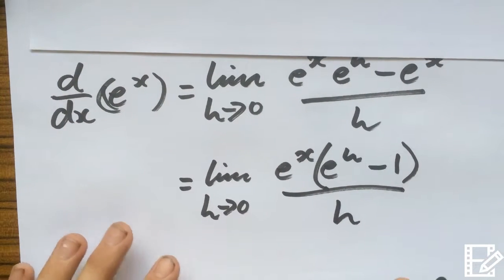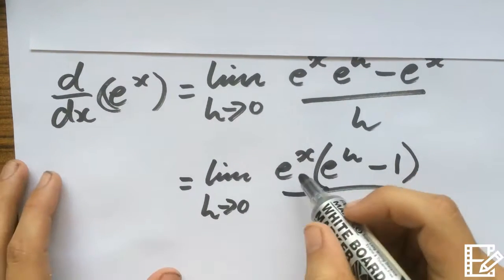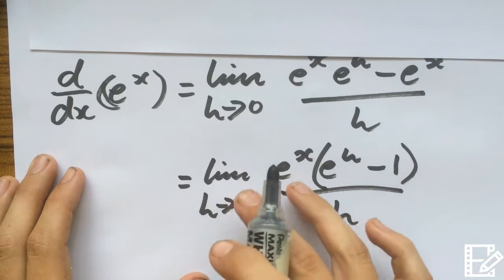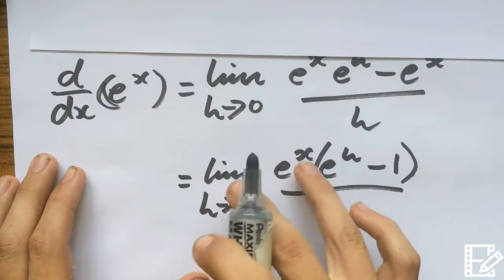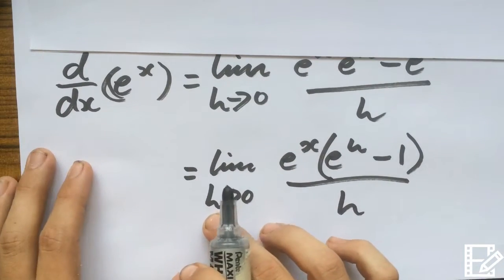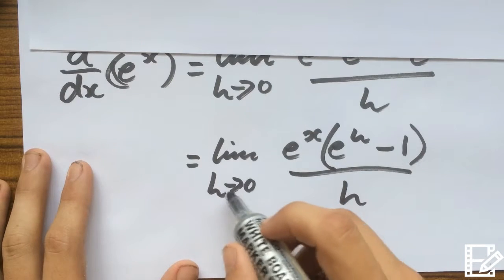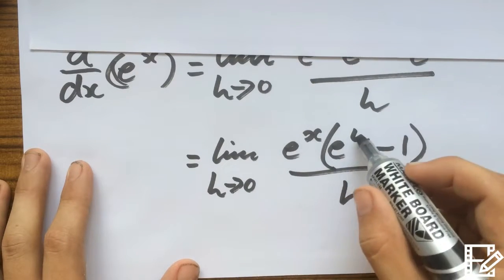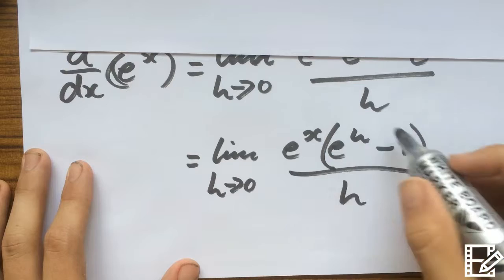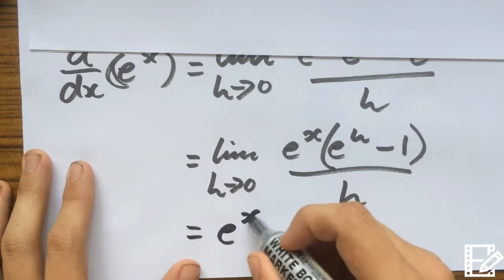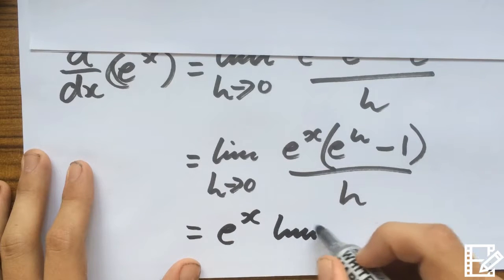Okay. Now, because e to the x is multiplied onto this, and it doesn't have an h in it, I'm going to bring it out to the front, because no matter if h is approaching 0, it's only going to affect anything with an h. So I'm going to bring the e to the x out the front, and it's going to look like this.